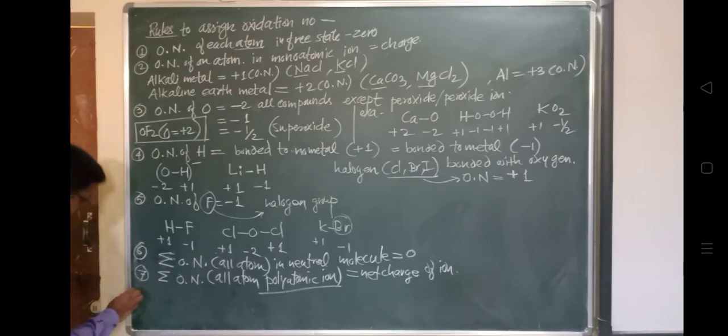And the last rule, the eighth rule, is when two or more atoms of an element are present in a molecule or ion, the oxidation number of the atom of that element will be the average oxidation number of all the atoms of that element in that molecule.